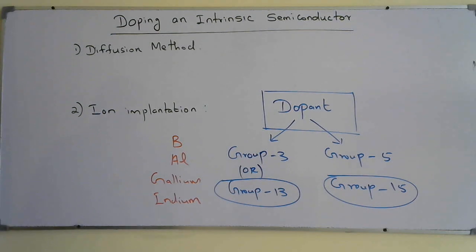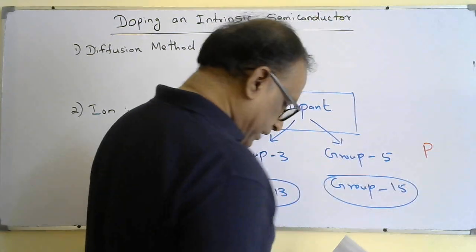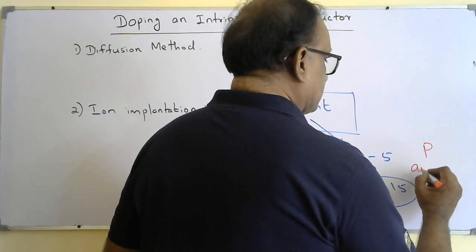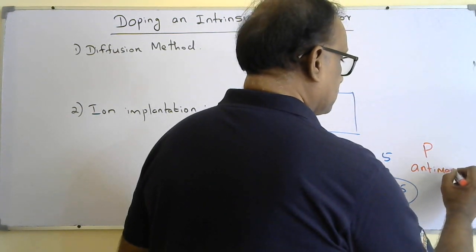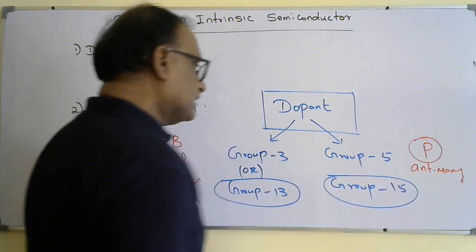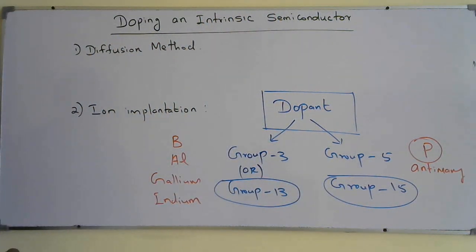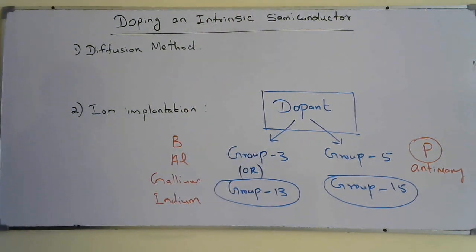Group 5 elements, we normally use phosphorus, or we can use antimony, or we can use arsenic. Normally they use phosphorus as the group 5 element. So these are called dopants. Those are introduced into the pure semiconductor.